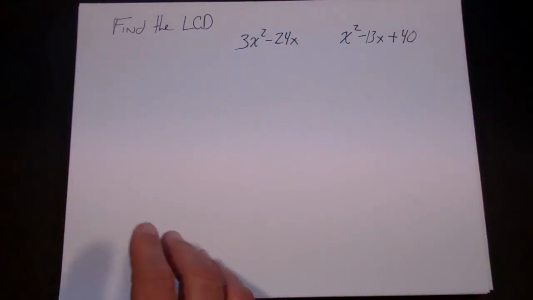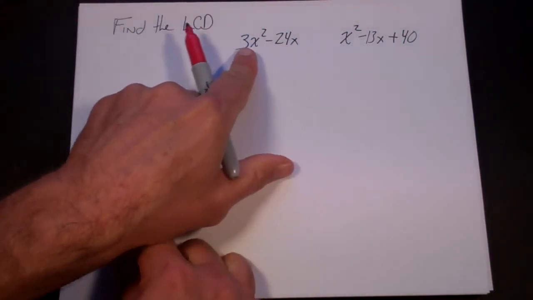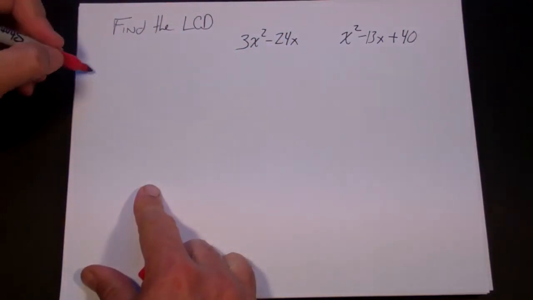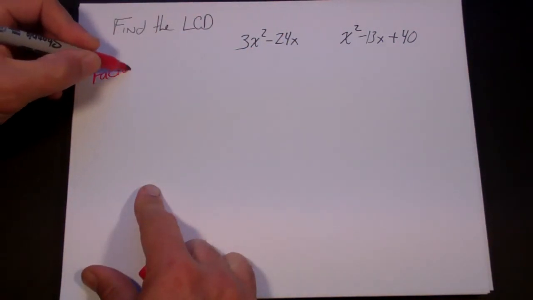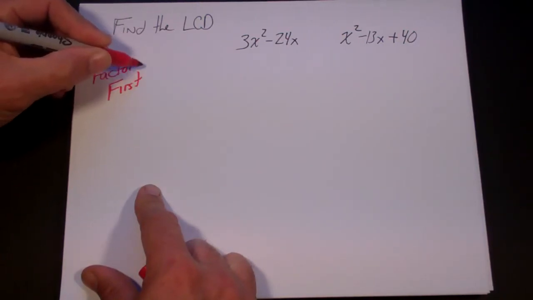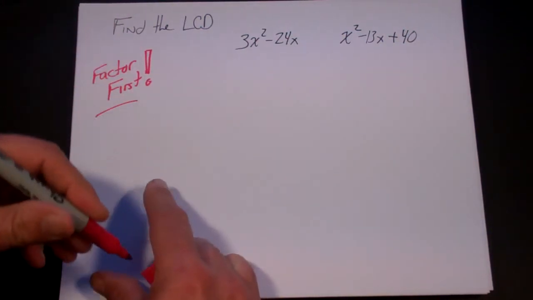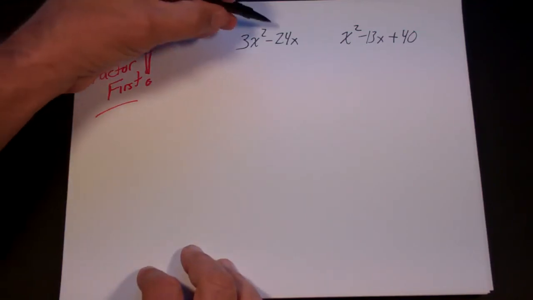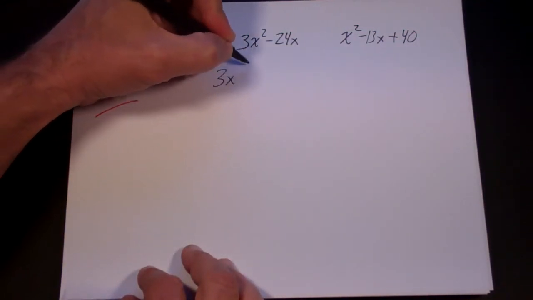So what's the first rule? The first rule when you're finding LCDs, when the terms are compound terms like this, is you're going to factor first. Then you're going to take a 3x out.